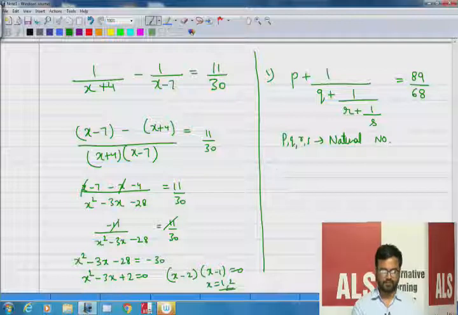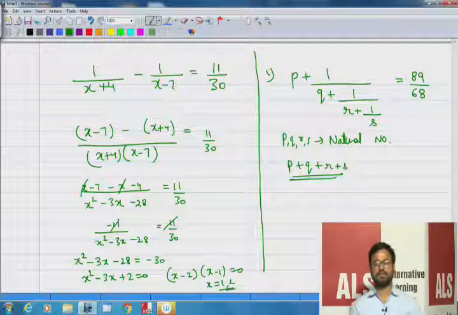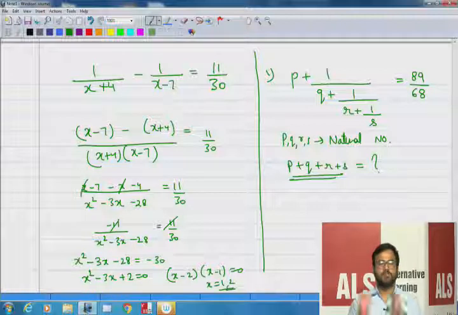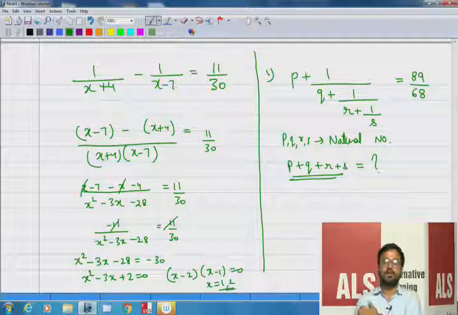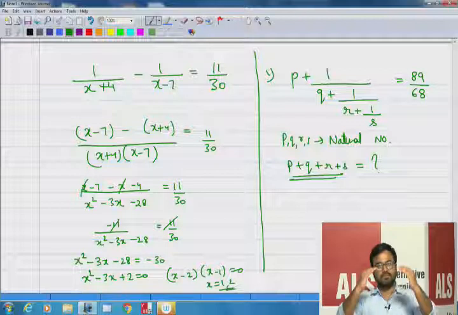You have to find the value of p plus q plus r plus s. This is the question. Now this is not a question to be solved by a standard method.